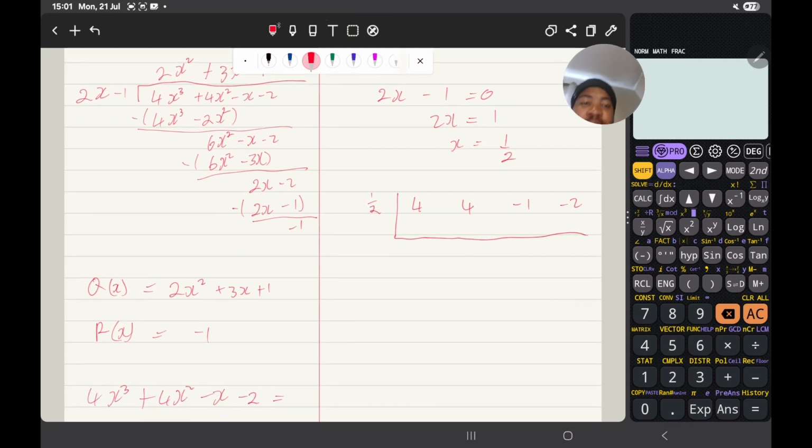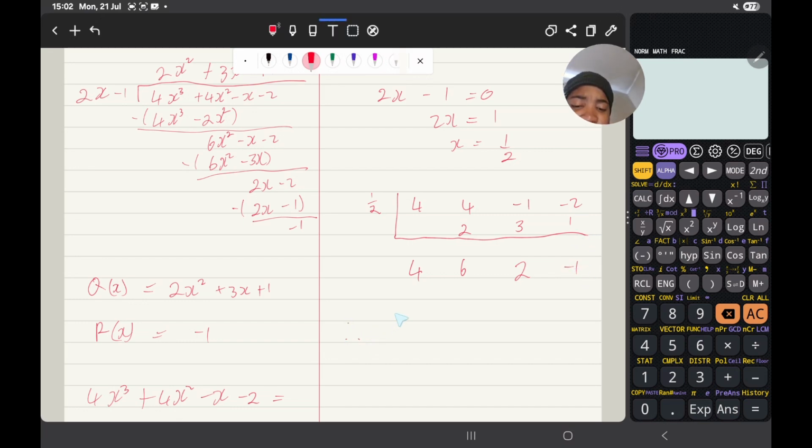You drop the 4, multiply by half, you get 2, you add, you have 6, you multiply, you have 3, you add, you have 2, you multiply, you have 1, you add, you have minus 1, right?